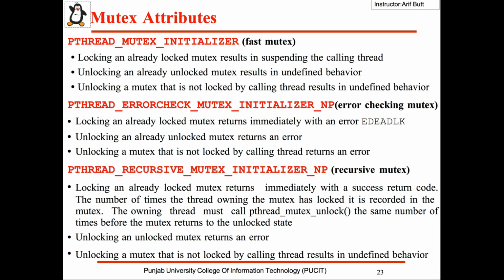The mutex can be error checking, and locking an already locked error checking mutex returns immediately with an error, EDEADLK. The third type of mutex is recursive, and locking an already locked recursive mutex will return immediately, and a record count of locks will be kept, and it will be unlocked only when it is unlocked the same number of times as it is locked.